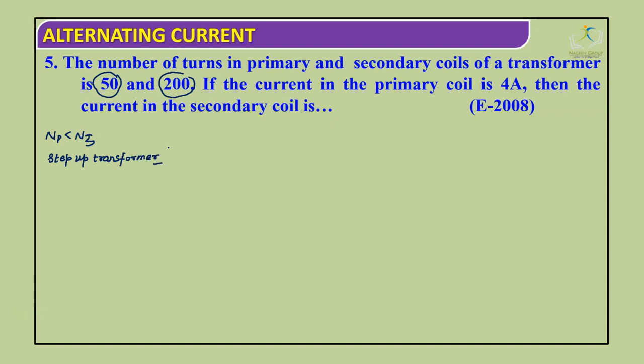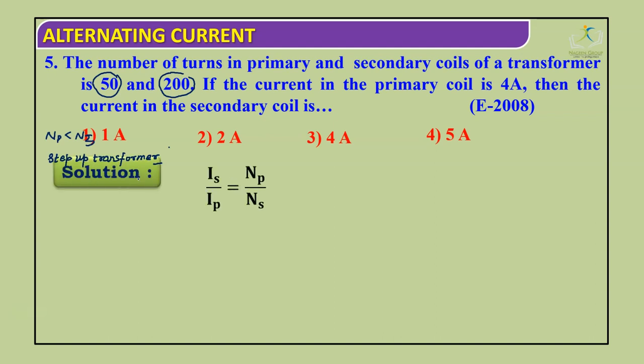If the current in the primary coil is 4 ampere, then the current in the secondary coil is 1 ampere, 2 ampere, 4 ampere or 5 ampere. So the solution part: IS by IP is equal to NP by NS. From here, we put the values for IS and IP.